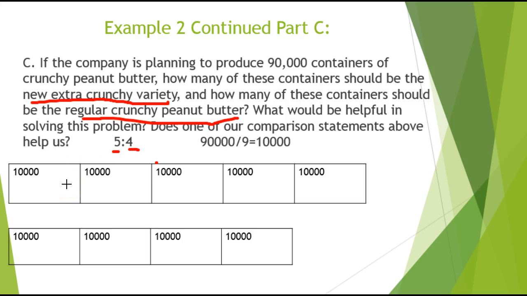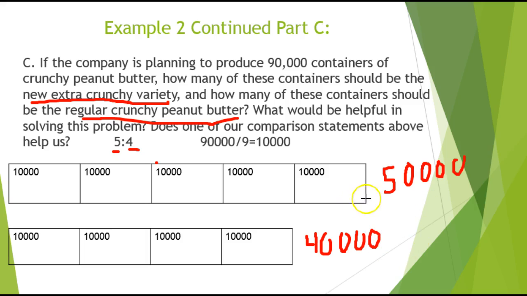So for extra crunchy, I would take my 5 pieces of tape times 10,000 to give me 50,000 for extra crunchy. And for my regular crunchy, I see I have 4 pieces of tape at 10,000 to get 40,000. So I have 50,000 that would be extra crunchy and 40,000 that would be regular crunchy.